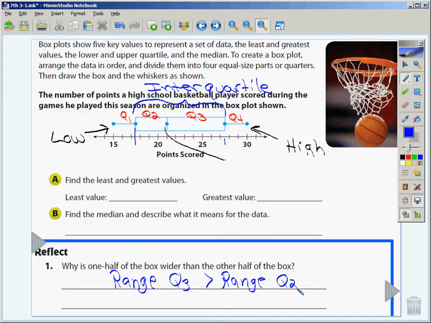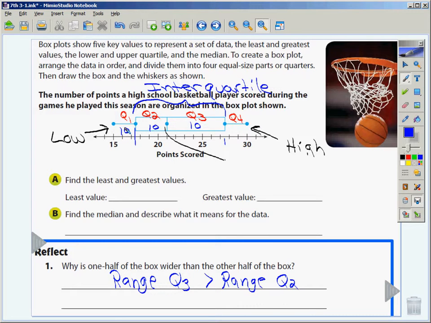It has nothing to do with how much data points there are. If there's 10 pieces of data in Q3, how many pieces of data are in Q2? How many pieces are in Q1?